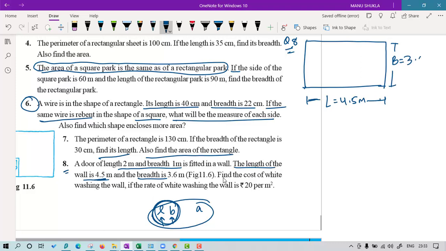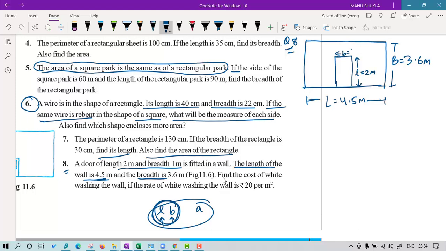Now let's make the door. Door is also a rectangle in which they are saying this length part is 2 meter because it is longer in this way. I will take small l equal to 2 meters, and b is equal to 1 meter. So you can see the distinction I have taken.